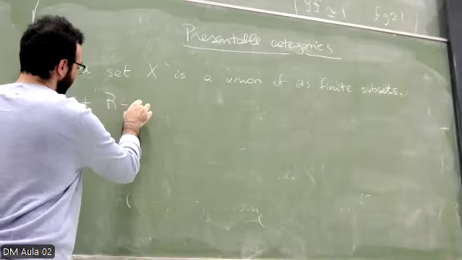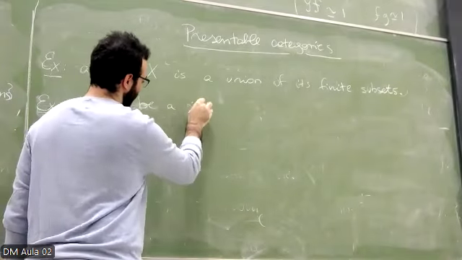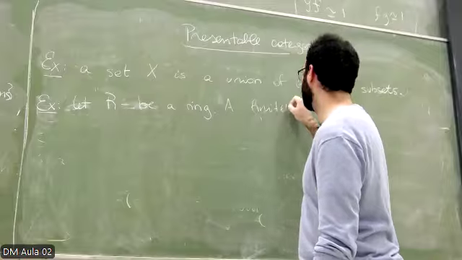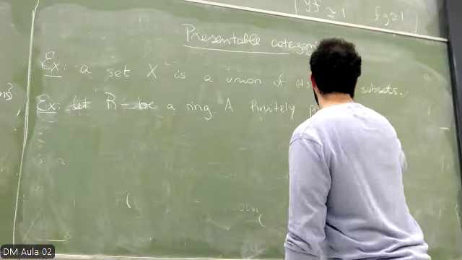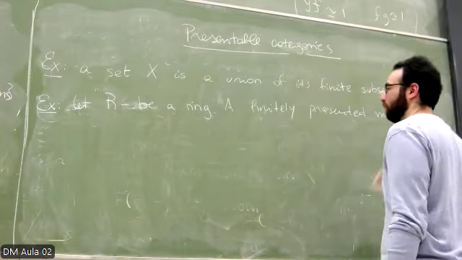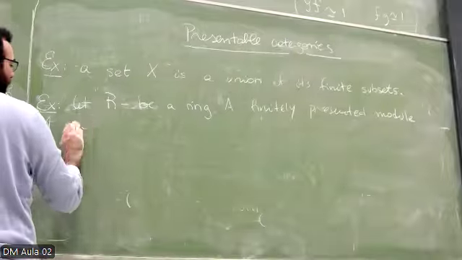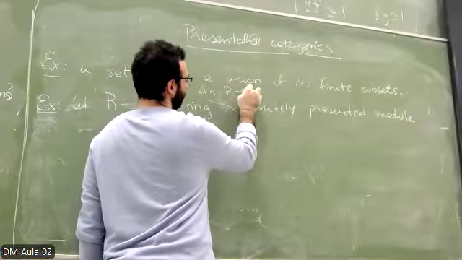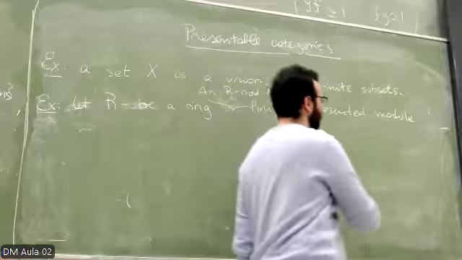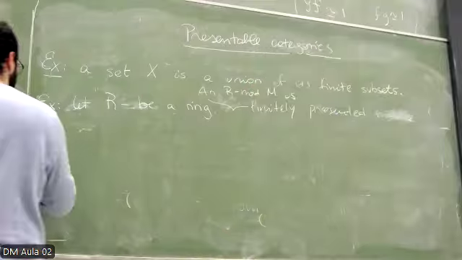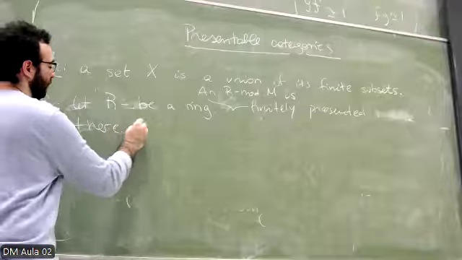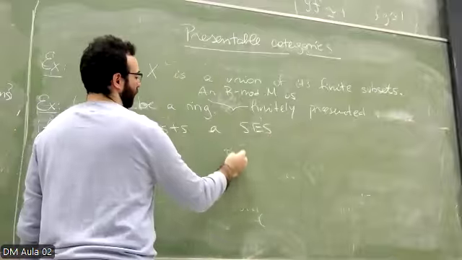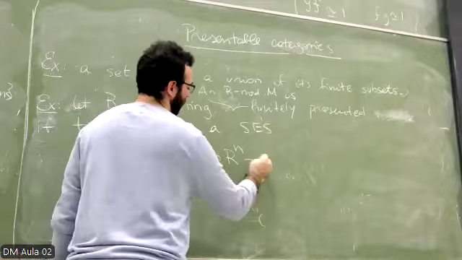Let me give you another example. So let R be a ring. An R-module M is finitely presented if there exists a short exact sequence of the form R^N to R^M to M to 0.